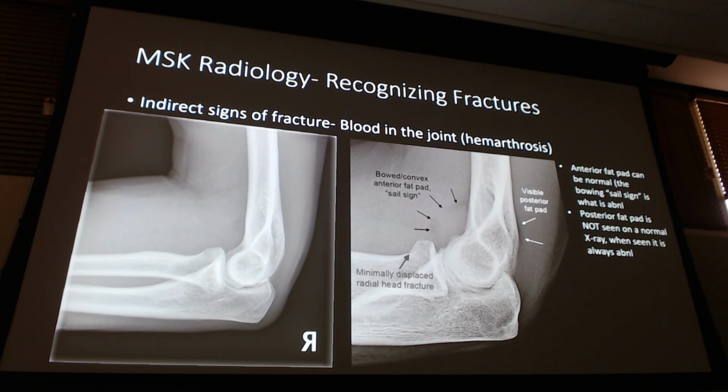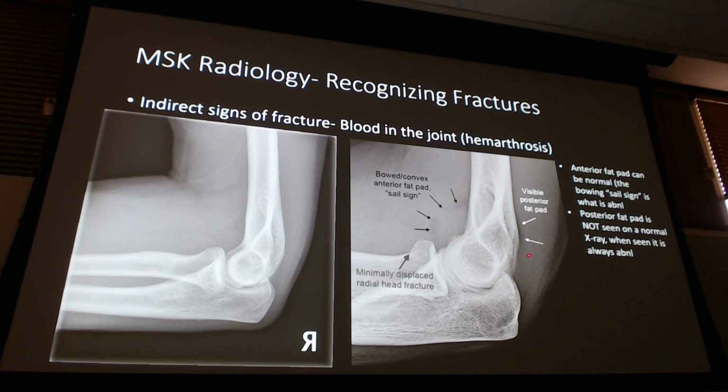That is okay. Where the abnormality comes in is two things. One, the shape of the anterior fat pad. You can see it comes out more, right? That radiolucency comes out more. It looks like a sail on a ship, as opposed to just this little area here. But then more importantly, where the white arrows are, that posterior fat pad side.